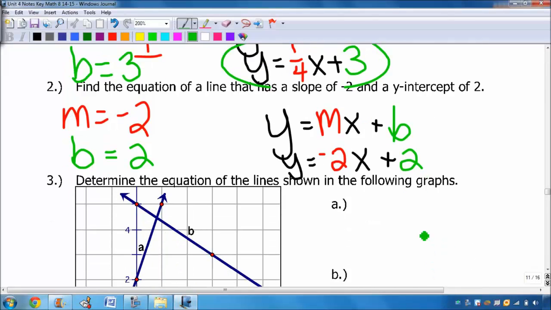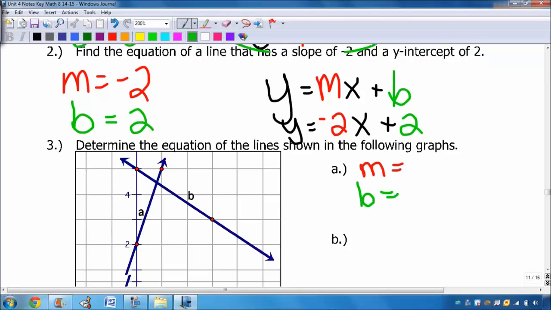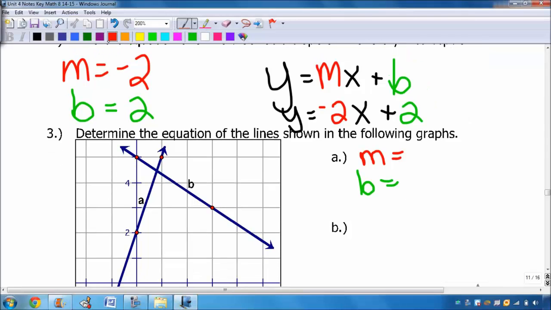All right, so question number 3. Determine the equation of the lines shown in the following graphs. So same thing, I need to know what is the m and what is the b. Well, to find the m, I just have to have a starting point and an ending point. So here, my slope, it went up by 3 and it went over by 1. So remember, it's rise over run, and this is just like we talked about in class. So it went up by 3 and it went over by 1, so the rise over the run is +3, okay?